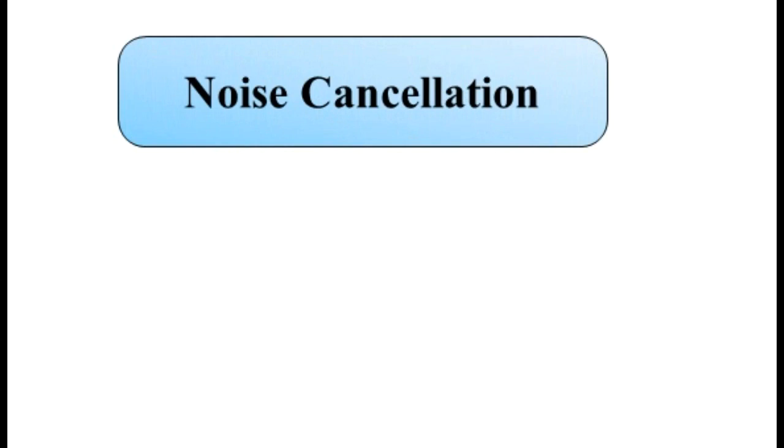So here we have the current topic, noise cancellation. As we see two terms in the topic title, the first one, noise, is a kind of signal but an undesired kind. We don't want the original information to be interrupted, changed, or made false with the help of an unintended signal, which we term as the noise signal.